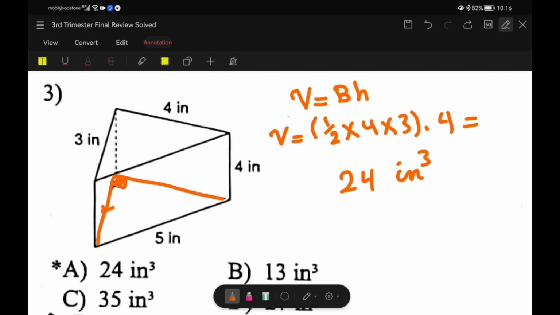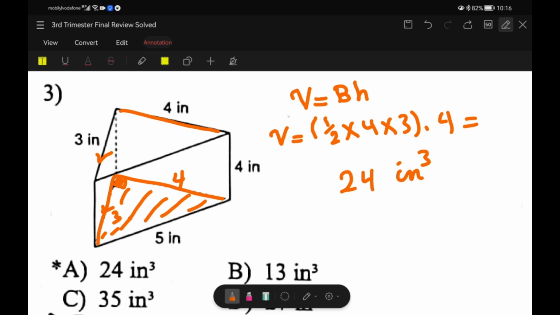This side is parallel to this side and has the same length, so this side equals 3, and this side is parallel to that side, so it must equal 4. So the area of that base is half times 4 times 3.